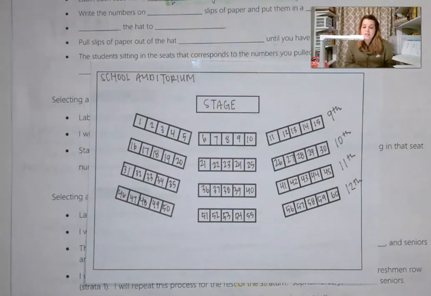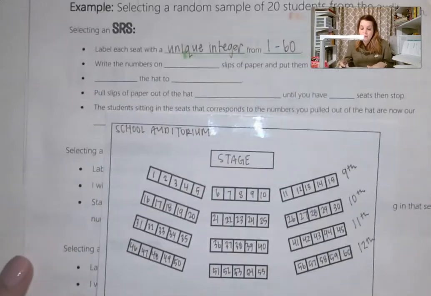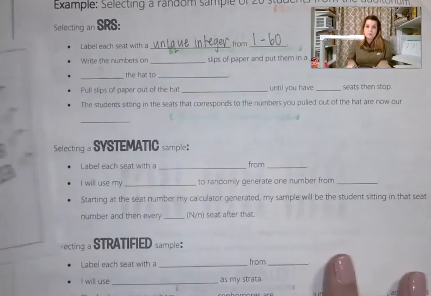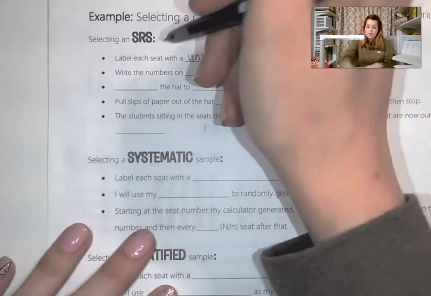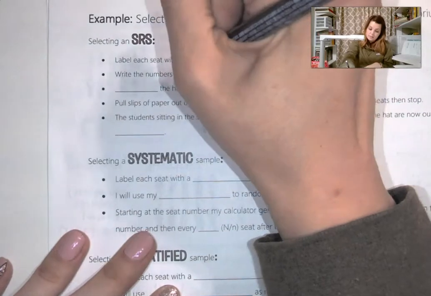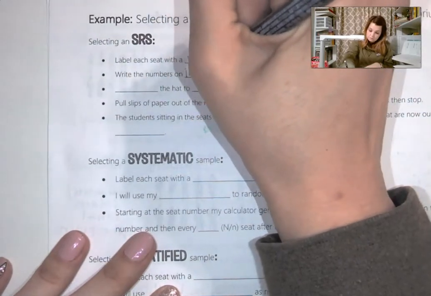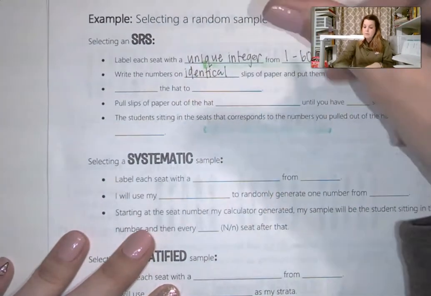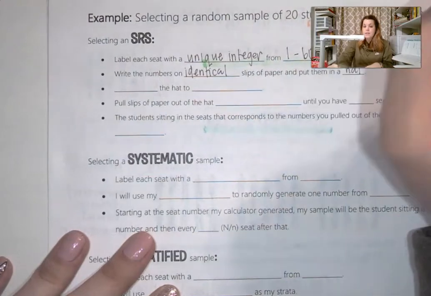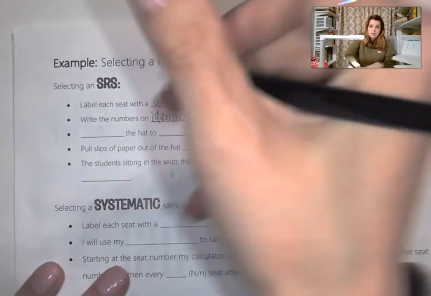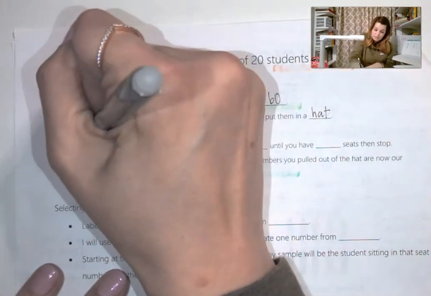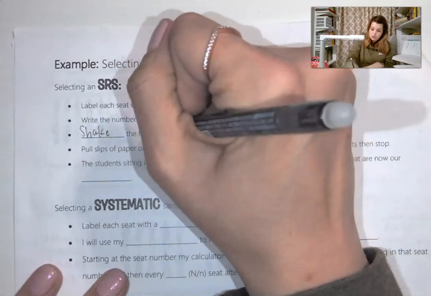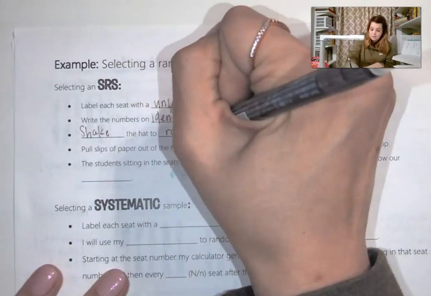We are taking a simple random sample of 20. I'm going to use my favorite simple random sampling method, so I'm going to use hat method. I'm going to write the numbers on identical slips of paper and put them in a hat. I am going to shake the hat to randomize.